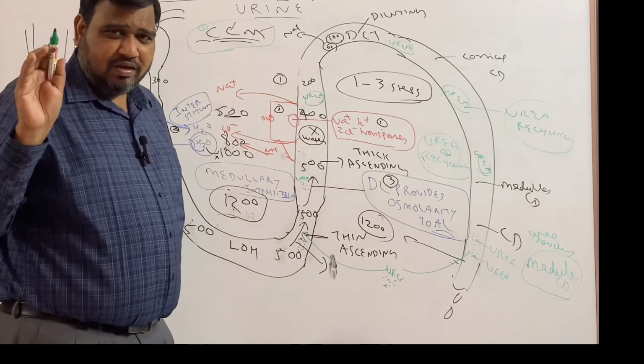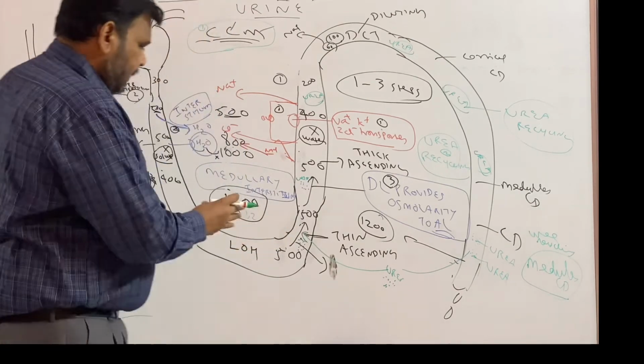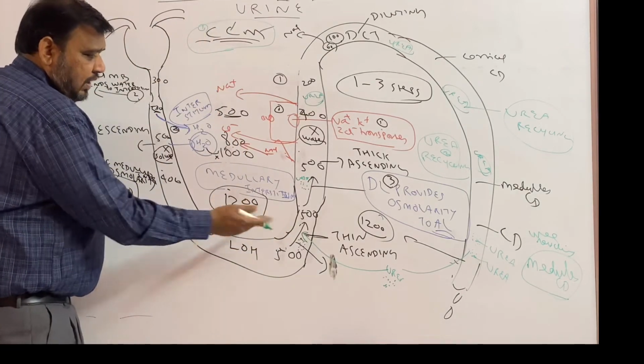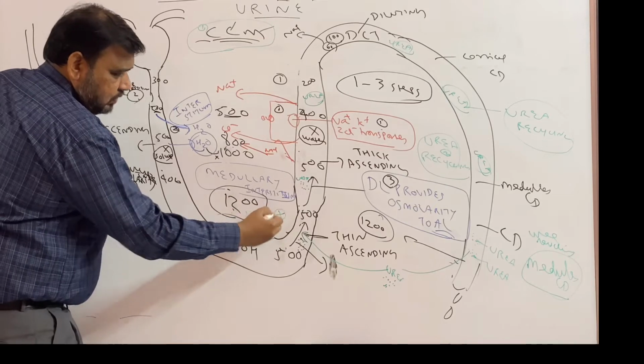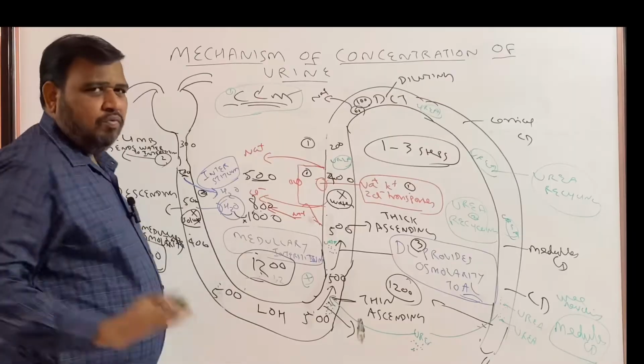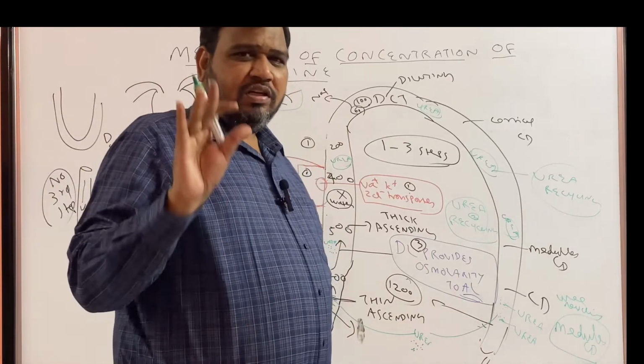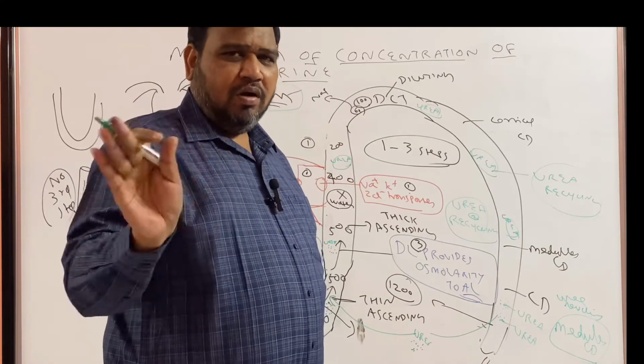So urea recycling is also an important step in building up the interstitium, and the urea is not coming here because the ascending limb of the loop of Henle is not permeable to urea. It is permeable to sodium chloride but not to urea.